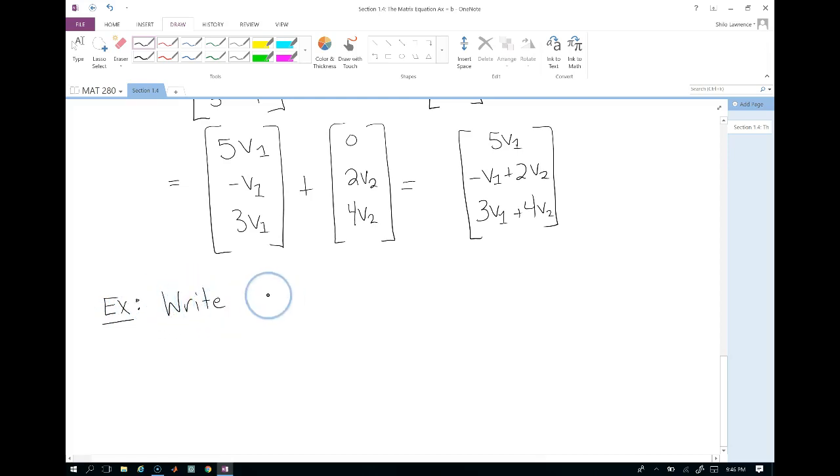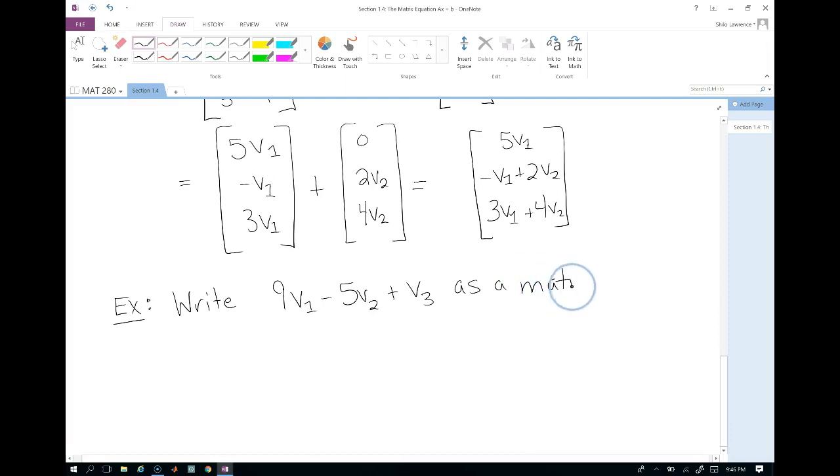We're going to try to write 9v1 minus 5v2 plus v3 as a matrix times a vector, if v1, v2, and v3 are in Rm.